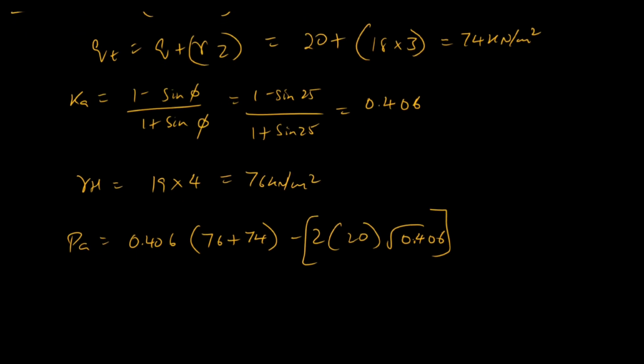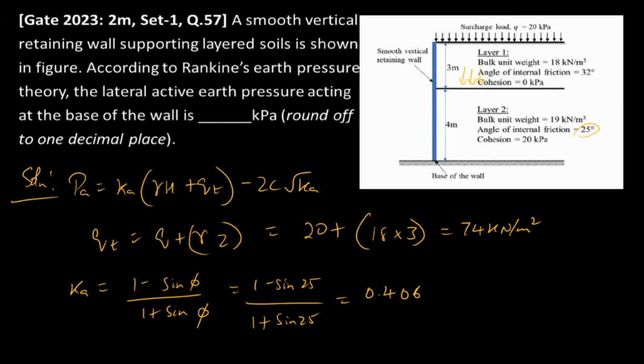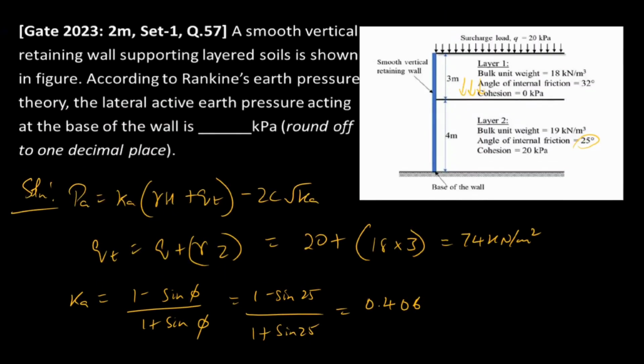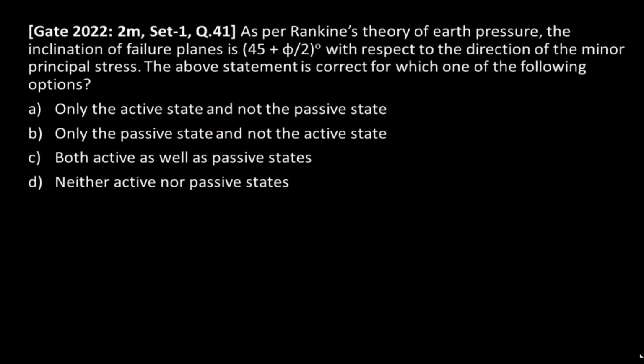By solving this equation, we get the active earth pressure PA will be equal to 35.41 kilonewton per meter square. So they have asked us to find out until one decimal place, which will be nothing but 35.4 kilonewton per meter square, which is 35.4 kilopascal.